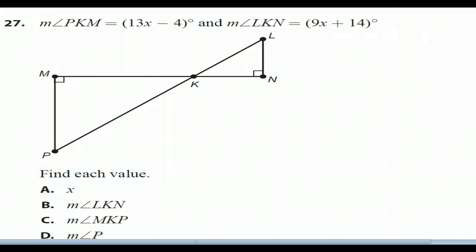Okay, problem 27 states that the measure of angle PKM is 13x minus 4. Angle PKM is right there. That is 13x minus 4. And the measure of LKN is 9x plus 14.